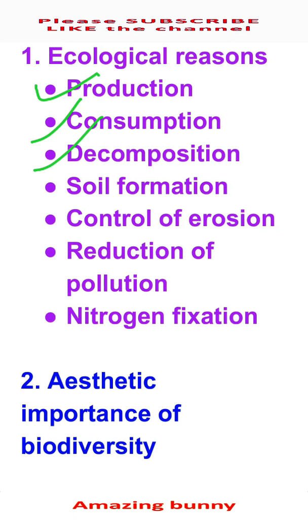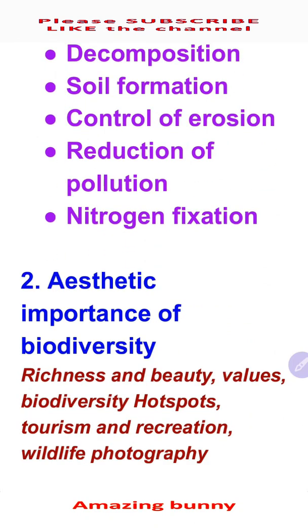So the next component is soil formation. After decomposition by microorganisms, dead plants and animals form humus. Humus is basically a substance made from dead leaves and plants. Humus is very rich in nutrients, and it is also rich in nitrogen. Also, roots of trees and plants help in soil formation.